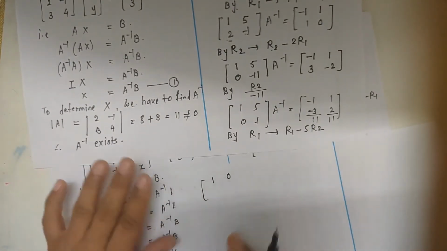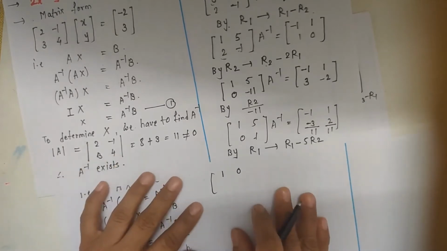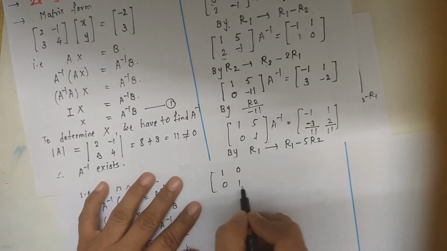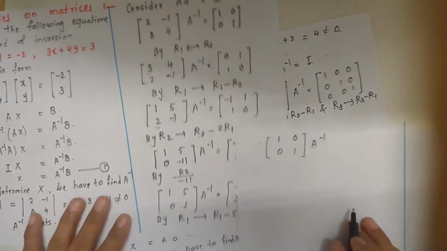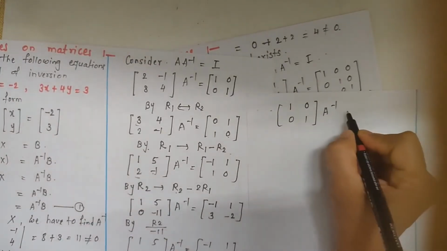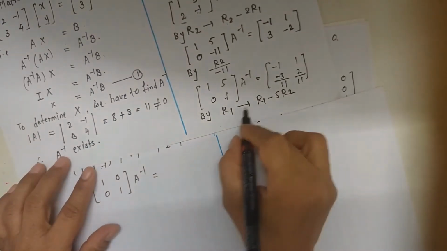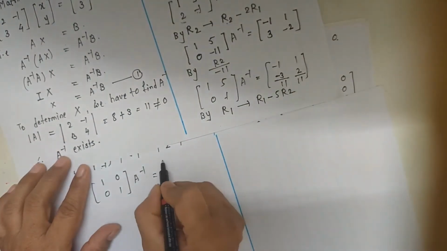Identity matrix [1 0; 0 1] into A inverse is equal to, the same transformation applied on this side.